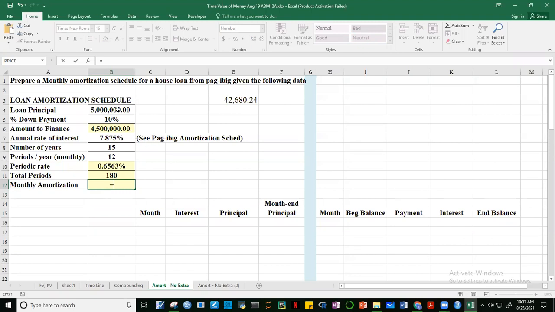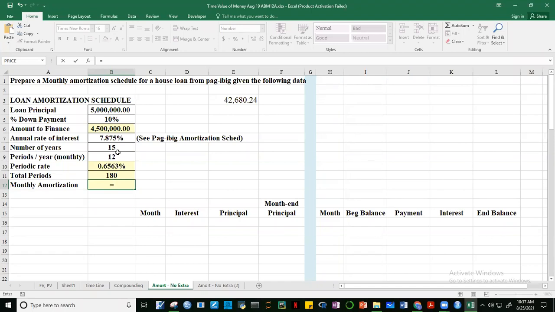We want to know magkano yung monthly amortization. Maglo-loan tayo ng 5 million pero ang loanable amount lang is 4.5 million. Ang interest rate is 7.875% per year, no? This is the nominal. Kaso ang compounding nito is monthly. Okay, so dapat ang interest per period is 7.875 divided by 12.